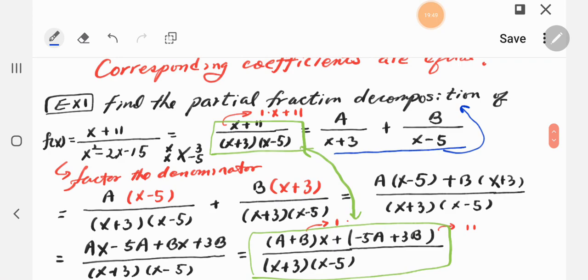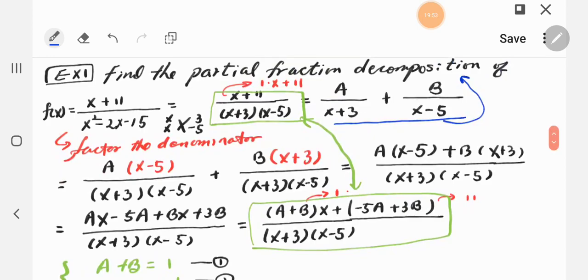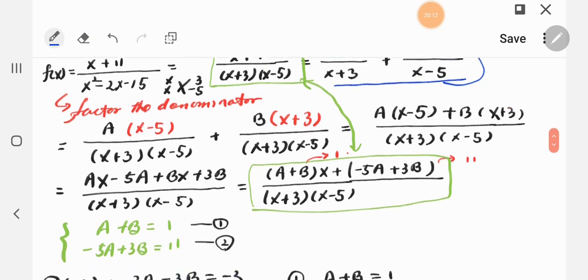So we need to find the constant values a, b, then add the fractions, and simplify the numerator. The numerator should be written in ax plus b format so that we can compare the coefficients. The corresponding coefficients should be equal. Okay, let's try another example.